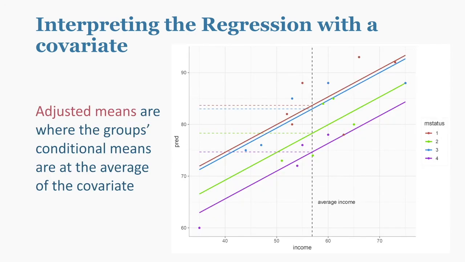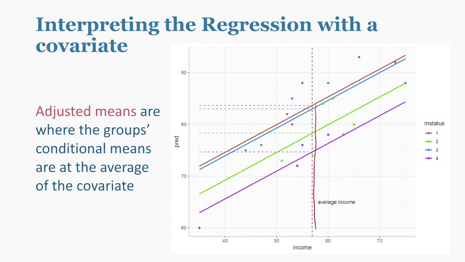Okay, so another important piece in interpreting a multiple regression with a categorical variable and a covariate is the adjusted mean. And that is just where the group's conditional means are at the average of the covariate. So if we look at this plot, we can get each group's adjusted mean by finding the average income line right here, right?